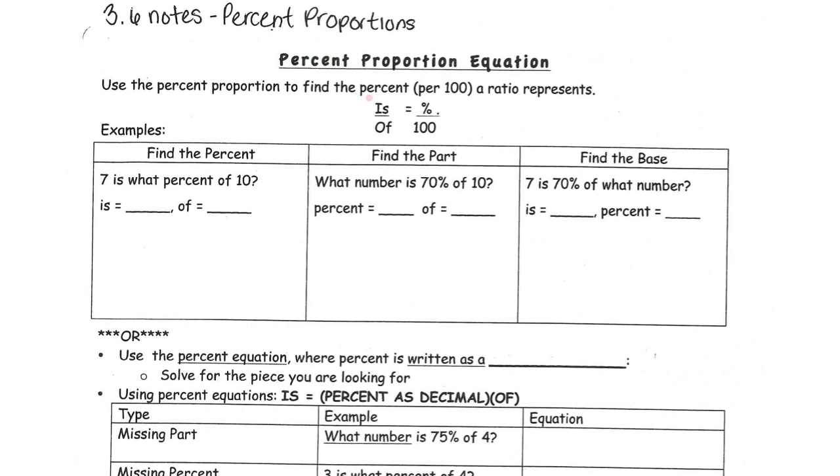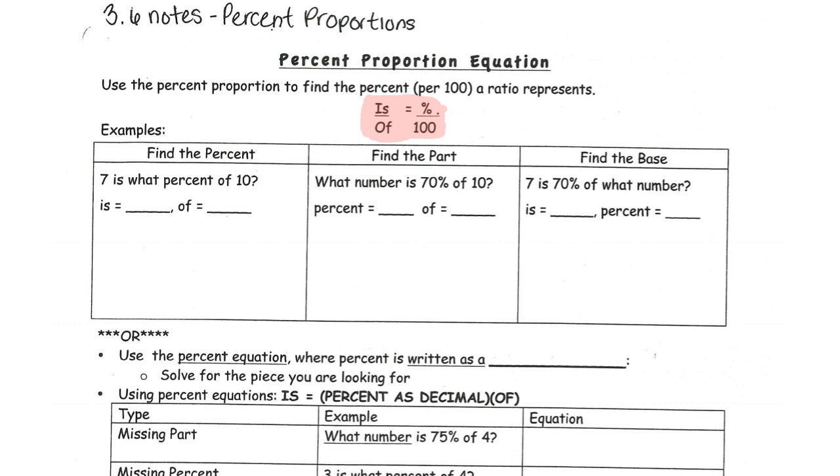What's going to be helpful is to use this representation, which says is over of equals percent over 100. That's going to be really helpful. I would probably write that on the top of all of my papers. Is over of equals percent over 100.